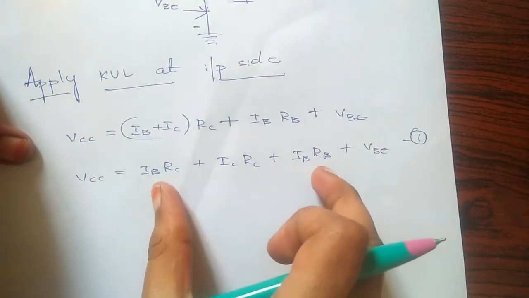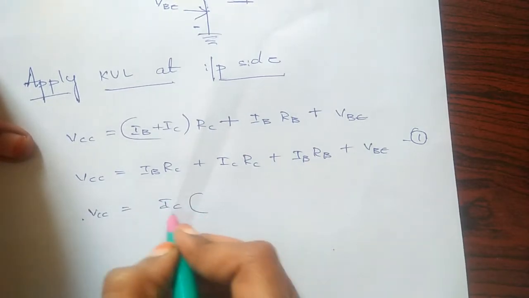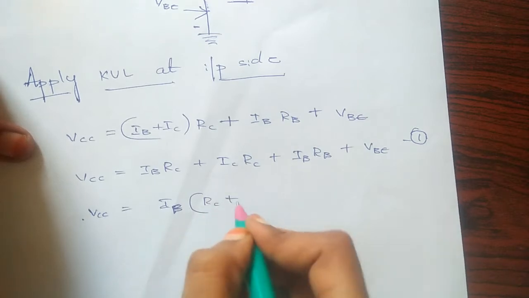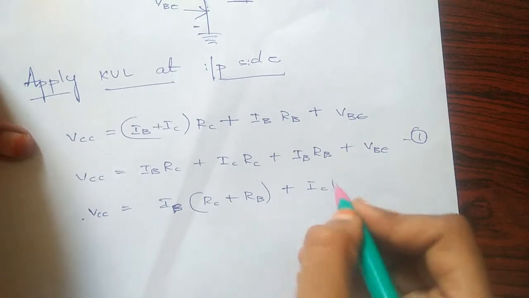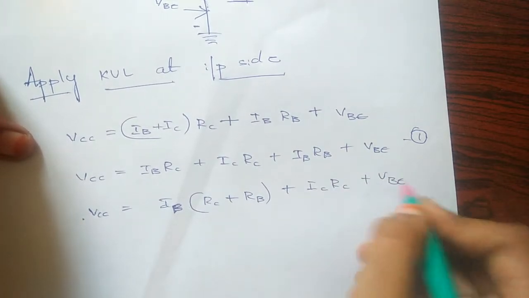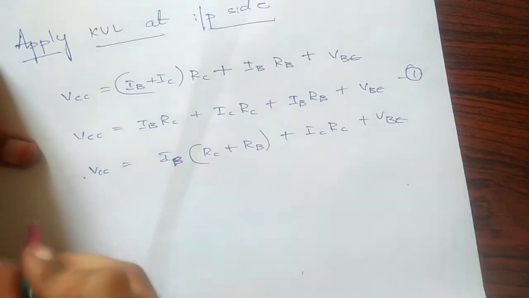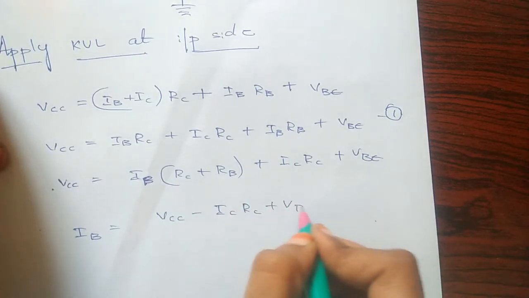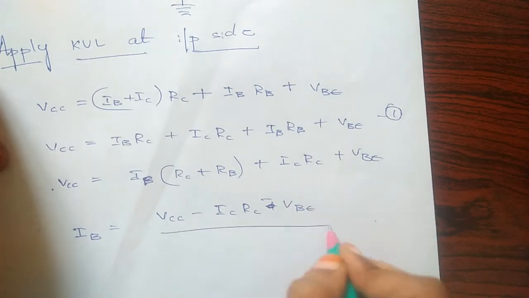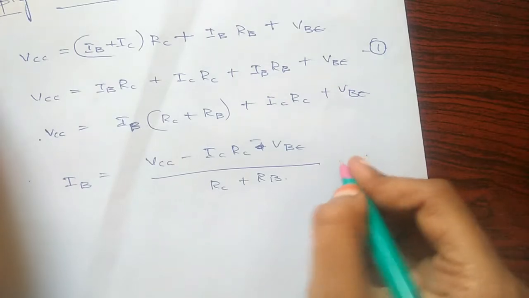If you want to find IB, you can take IB common: IB times RC plus RB, plus IC RC, plus VBE. Then to find IB, we have VCC minus IC RC minus VBE, divided by RC plus RB. Let it be equation number 2.